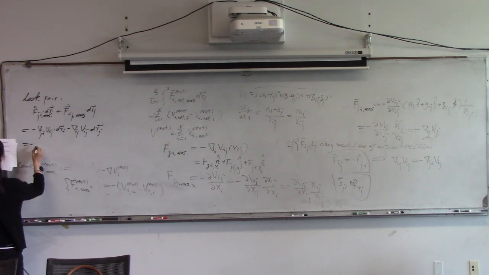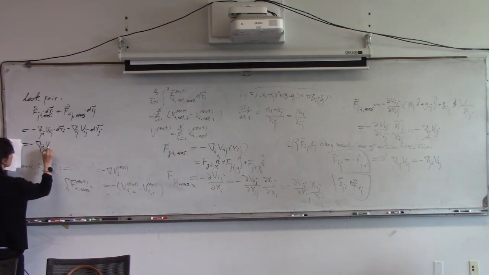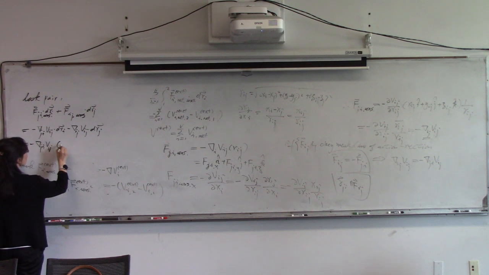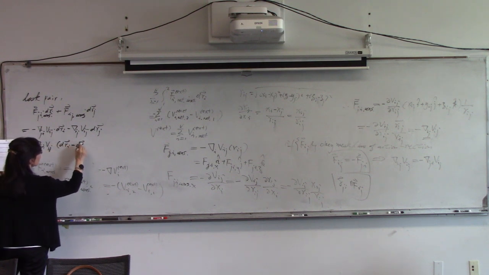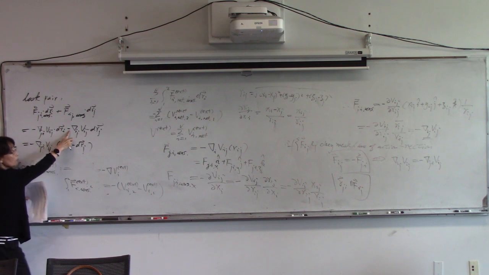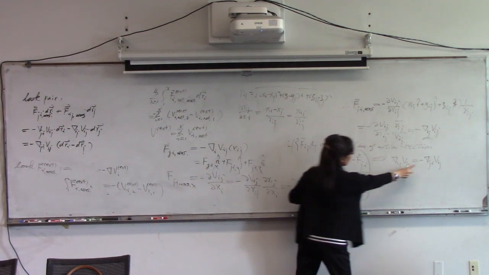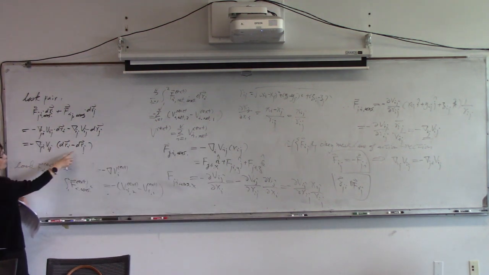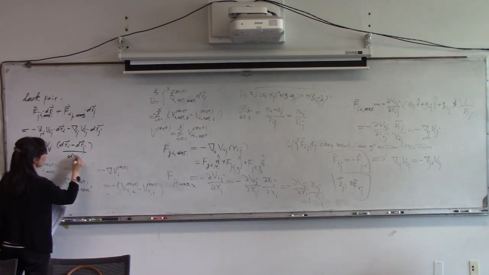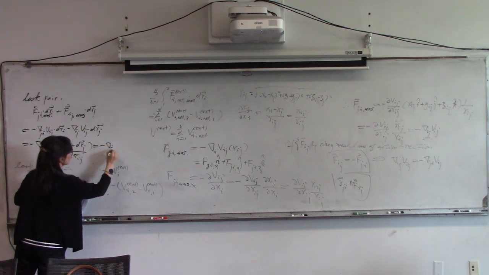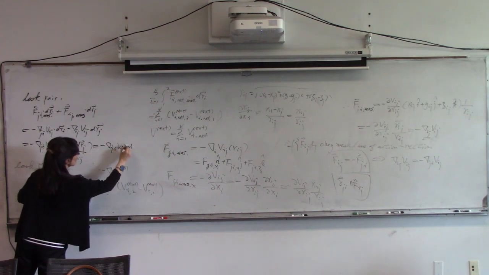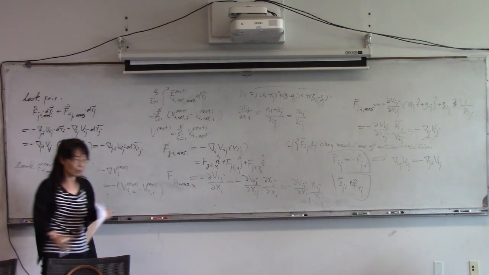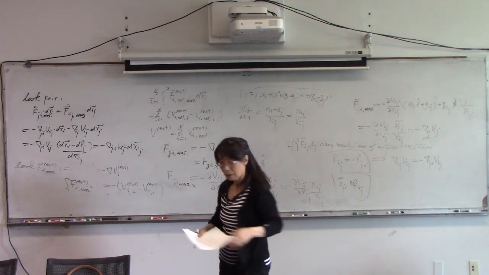We take out the negative: negative gradient of V_ij, whichever, ij or ji is fine, times dr_i minus dr_j, right? This became positive because of this relation here: if I change index from ij to ji, this is nothing but dr_ij. So now we have the gradient of V_ij dr_ij. I think we have the potential that corresponds to this one.